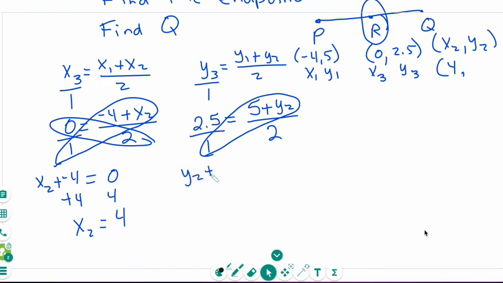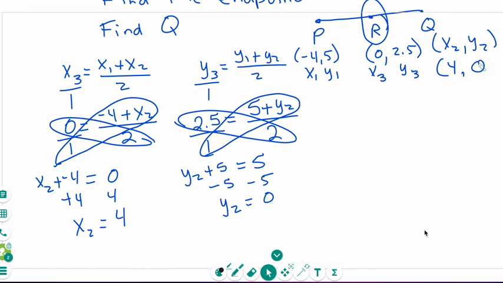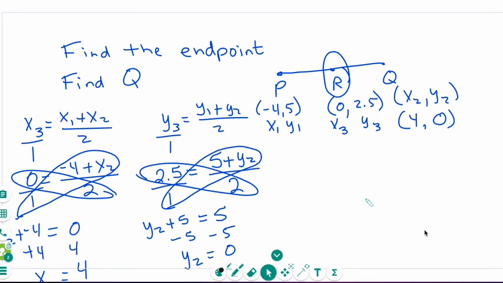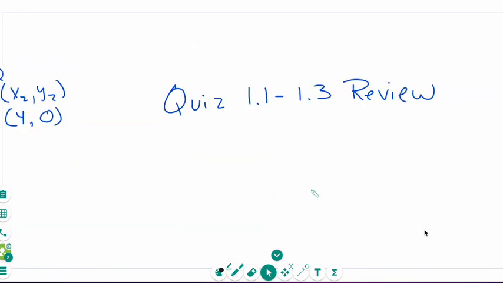Y2 plus 5 is equal to 5. 0 pair out the 5. Y2 is equal to 0. So now I have my ordered pair for the endpoint that was missing. And now you've reviewed for your quiz.